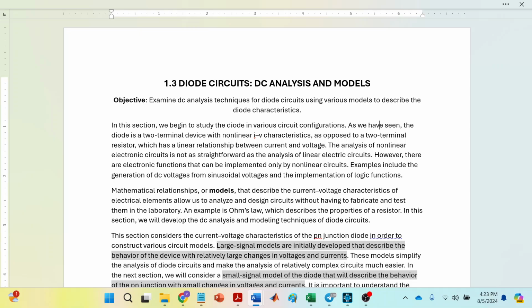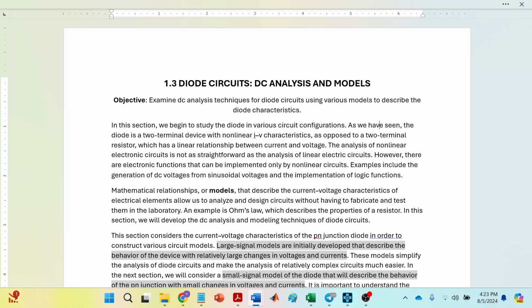So we have seen that the diode is a two-terminal device with non-linear IV characteristics as opposed to a resistor, which is also a two-terminal device, but it has a linear IV characteristic curve. And the analysis of nonlinear electronic circuits is not as straightforward compared to the linear circuits.